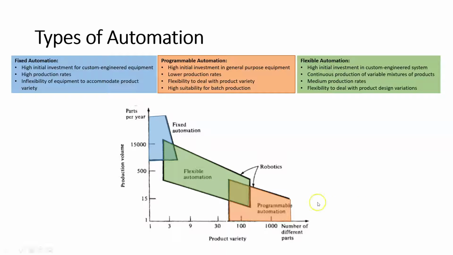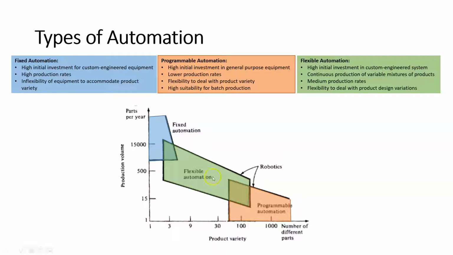You can notice that robots fit within the soft, programmable, and flexible automation. In the case of industrial robotics, like the 5-axis robot or the 6-axis robot, there are limitations to how they move and how they can be used.